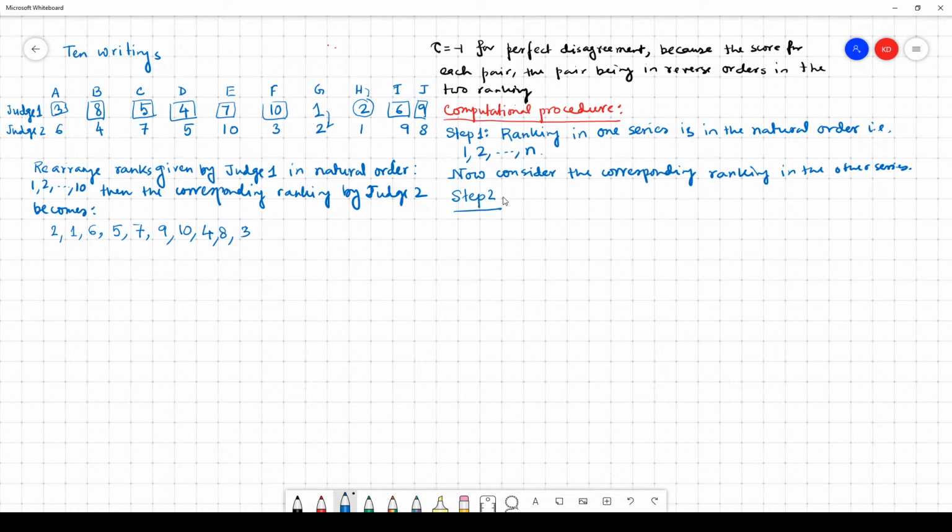So according to step 2, capital P denotes the number of pairs where we receive a score of +1.